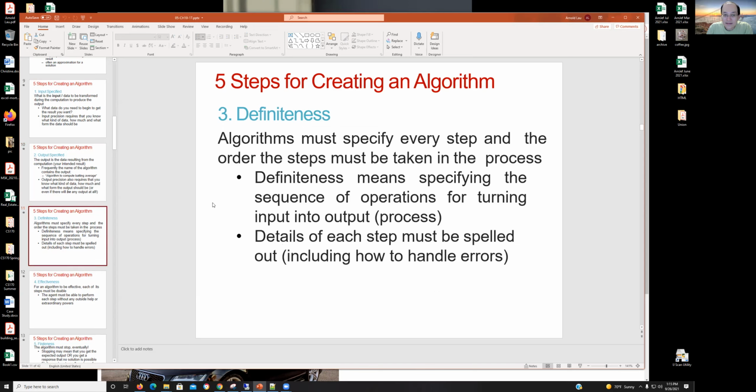Yeah, I can't pronounce this, definiteness, okay? So it's basically making each thing discrete, okay? So specifying the sequence for transforming your input into your output, okay?